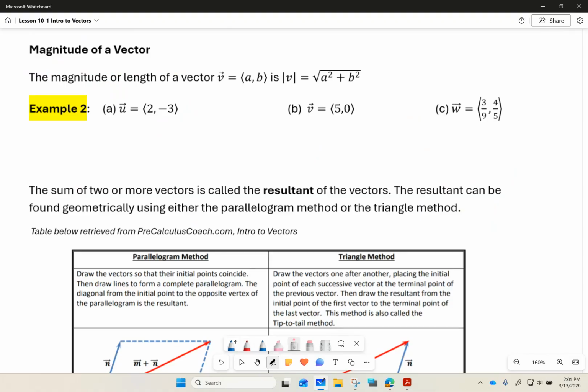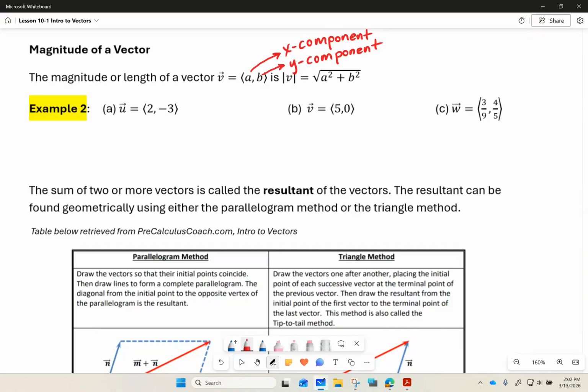So if you know what A and B are supposed to be, A is the length of the x component of your vector, or the horizontal distance of your vector, and B is going to be your y component of your vector, or the vertical distance of your vector.